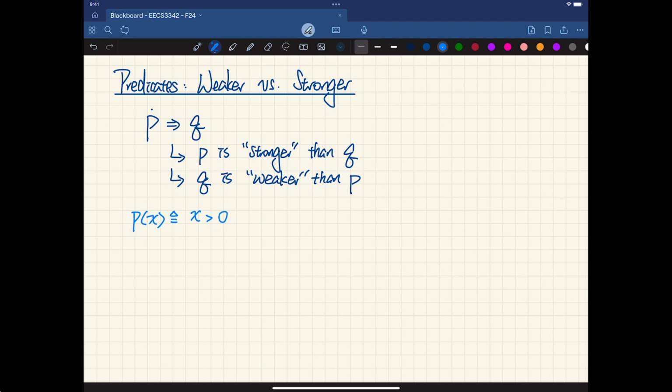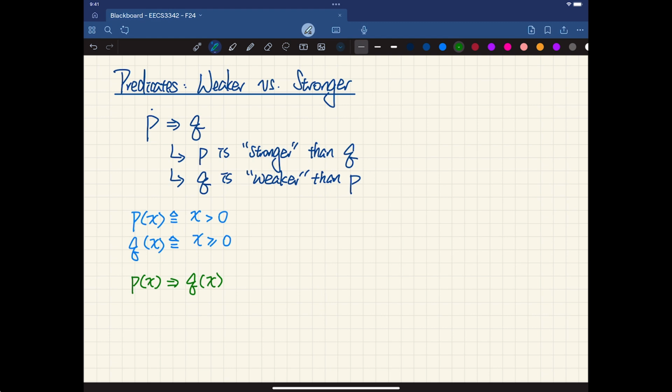And also I got another predicate Q of X, X larger than or equal to 0. Pretty straightforward one, but it's good to illustrate the idea. I'm pretty sure you will be convinced that P of X implies Q of X. Would you agree? But not the other way around.